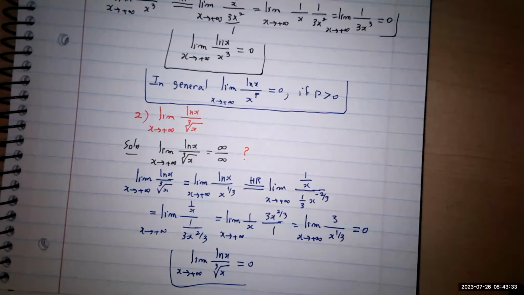Then we have a cube root of x. We switch it to x to the 1/3 to be able to differentiate it. Now we are ready to use the L'Hopital rule. Differentiate the top, 1 over x. Then you have to take care of this one algebraically. A different way to do it, you can switch it into the positive power, reciprocal, and multiply the first one by the reciprocal of the second, and you arrive at x to the 2/3, and this is x to the first power.